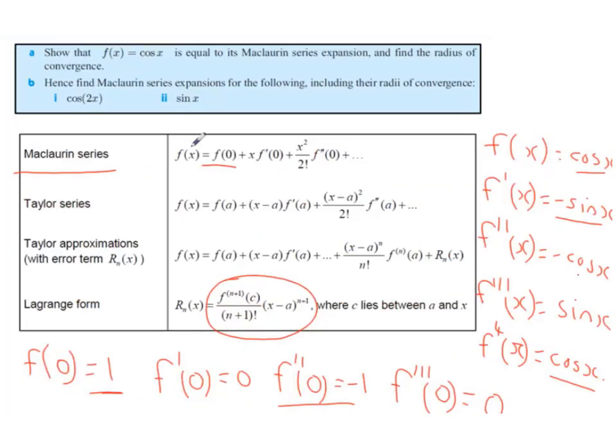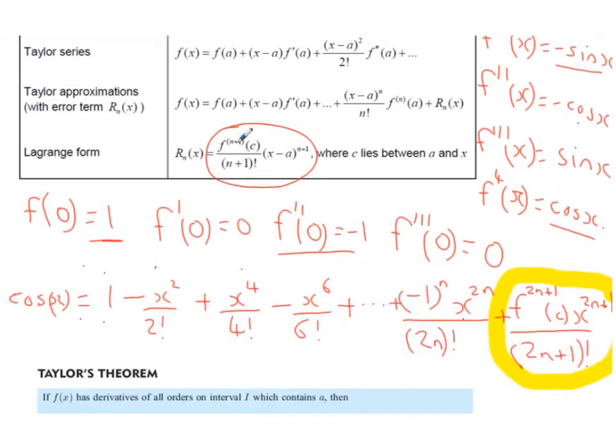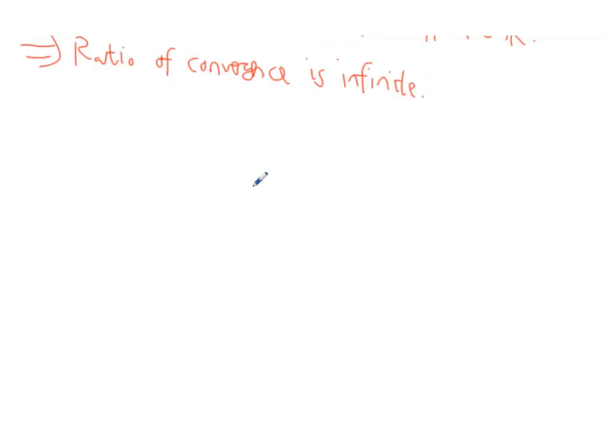So now finally we can move on to part B. Hence, find Maclaurin series expansions for the following, including their radii of convergence. So we've got cosine of 2x and sine of x. To do B, I'm just going to write the actual cosine x.